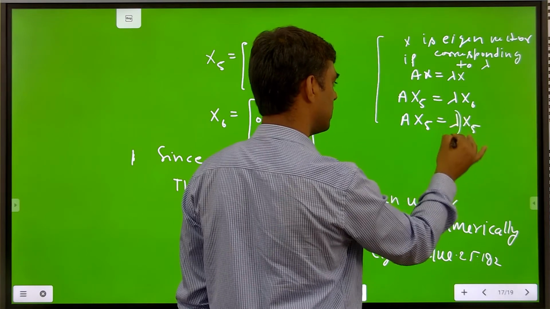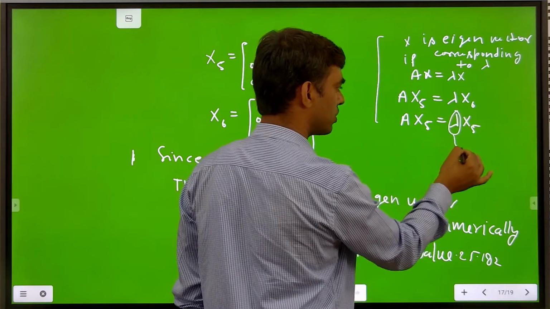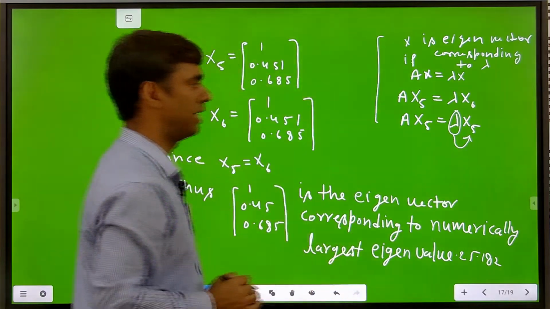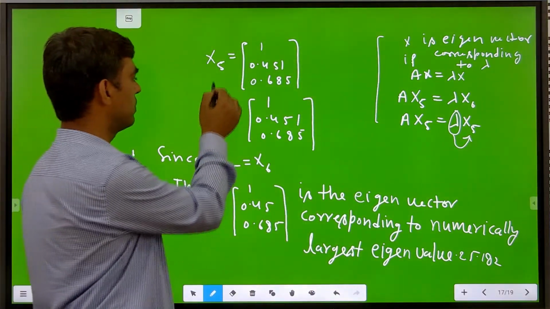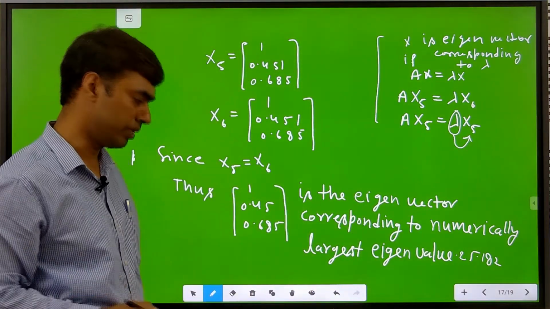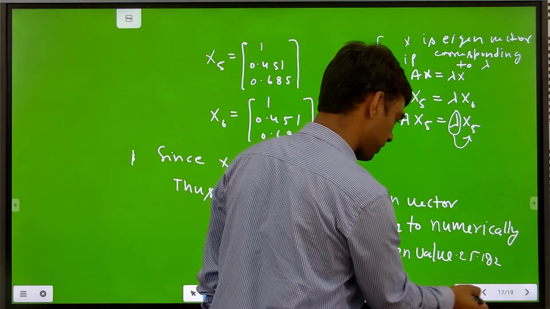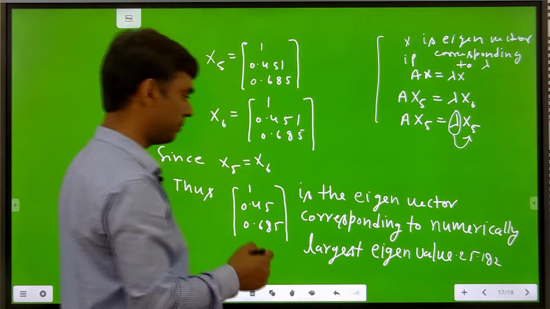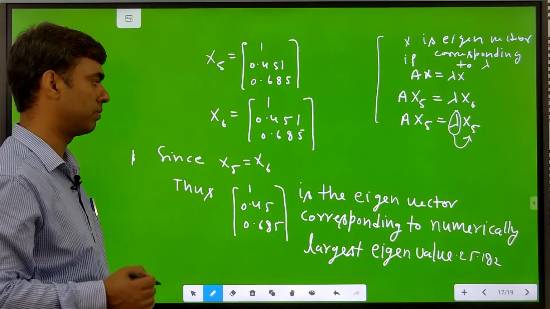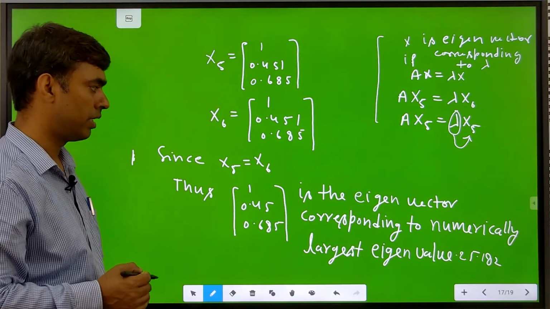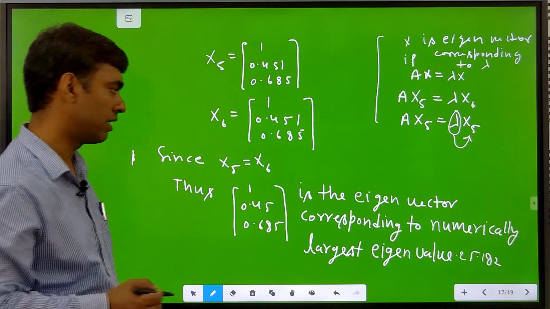Thus lambda is an eigenvalue corresponding to the eigenvector x5, because we found x5 equals x6. So this is all about this problem: being able to find the largest eigenvalue and the corresponding eigenvector.